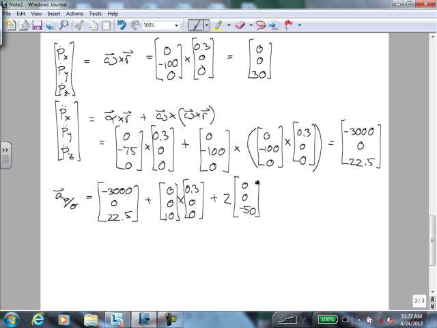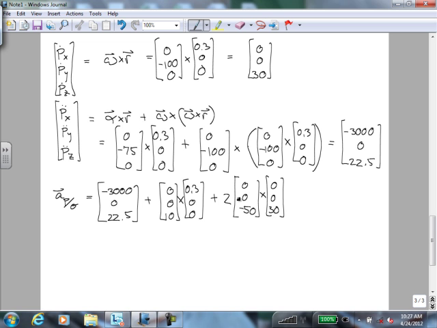Well, the way I usually write it is as the components dotted. The components dotted we calculated here, so this is going to be 0, 0, 30. What do you get if you cross these two things? Nothing. The cross product of two parallel vectors is 0. So this is going to go away.